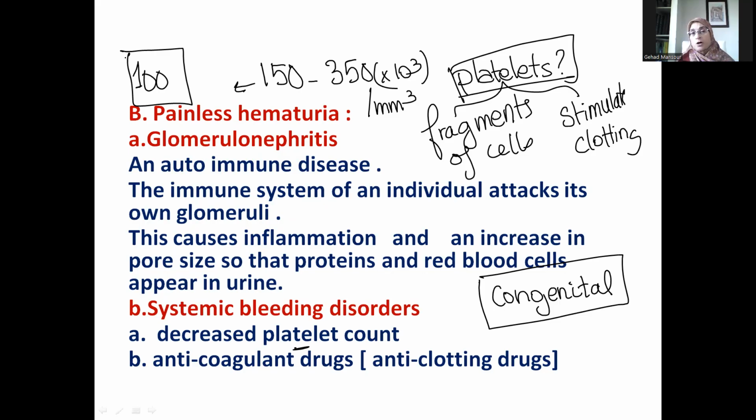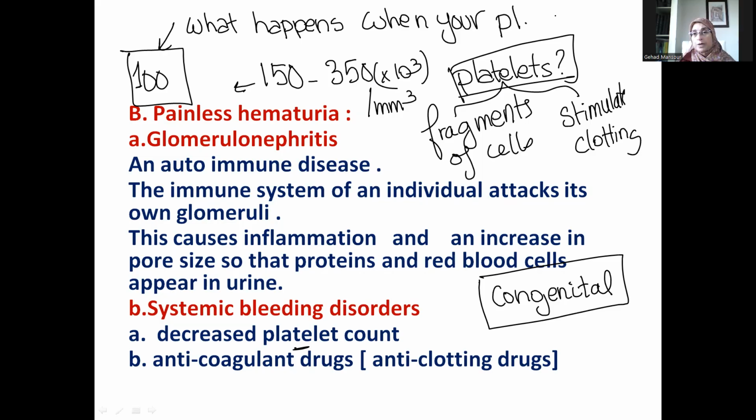So I might ask you, for example, what happens when there is decreased platelet count? Of course, you should know the normal range. So what happens when your platelet count is low? Of course, you would say a systemic bleeding disorder.